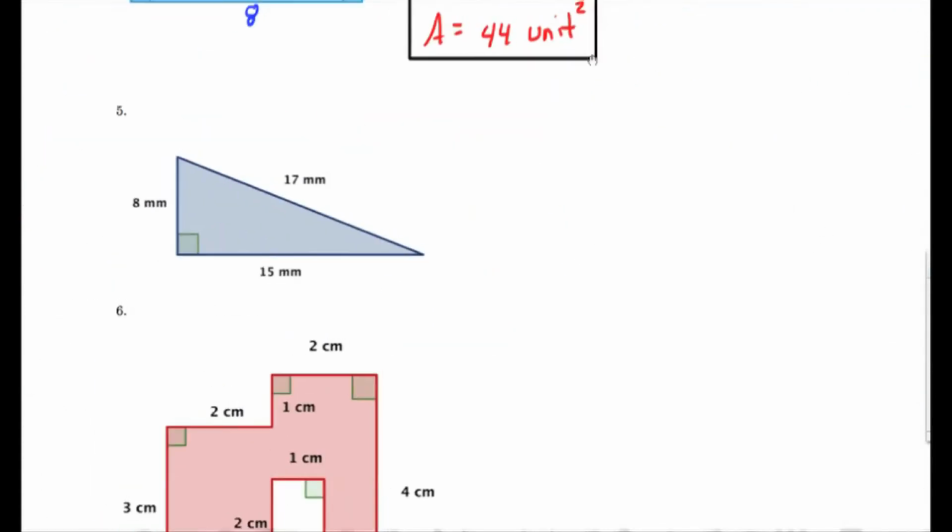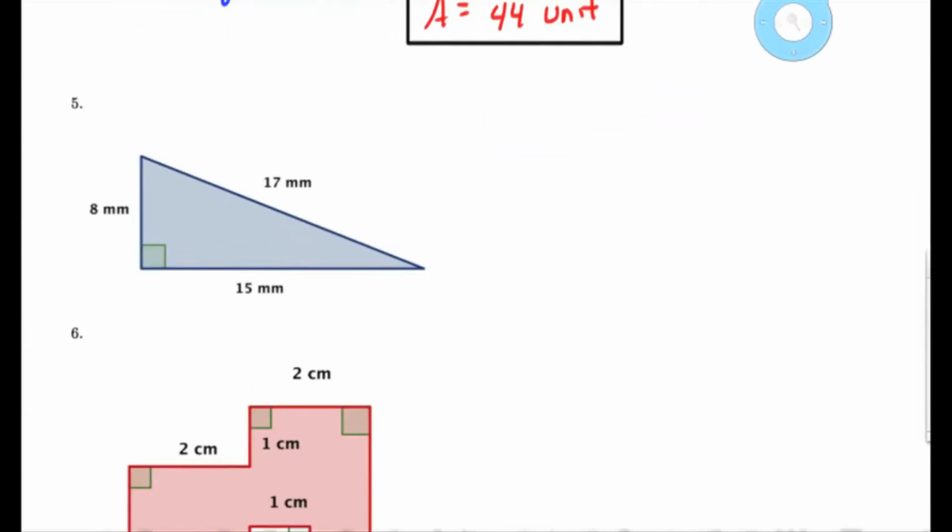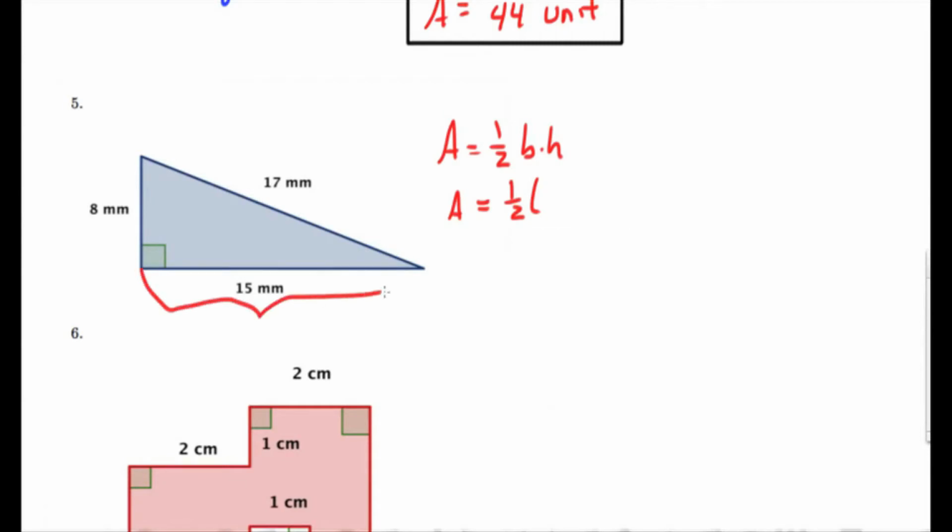Okay, let's shoot down here to number 5. I want to find the area of this triangle. It's 1/2 base times the height. So 1/2 b. So in this case, my base I can call this length right here, and my height is this.